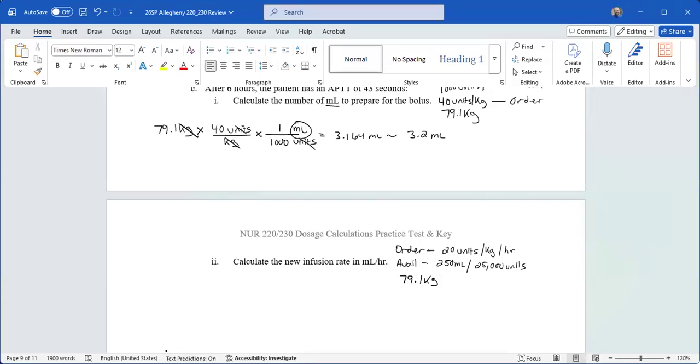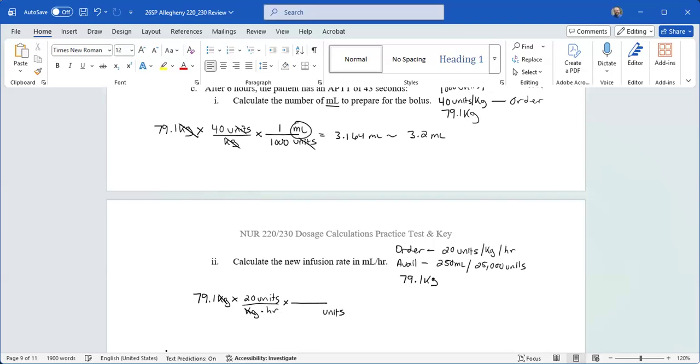So again, for this one, we're going to take the patient's weight times the 20 units. Remember, the 20 came from the fact that we were initially at 18, and then the protocol told us to increase it by 2. So I'm just doing 18 plus 2 to get to 20. And then I'm going to continue with my conversion. You can hit equal and then do the seconds. There's no one specific way that you have to do this.